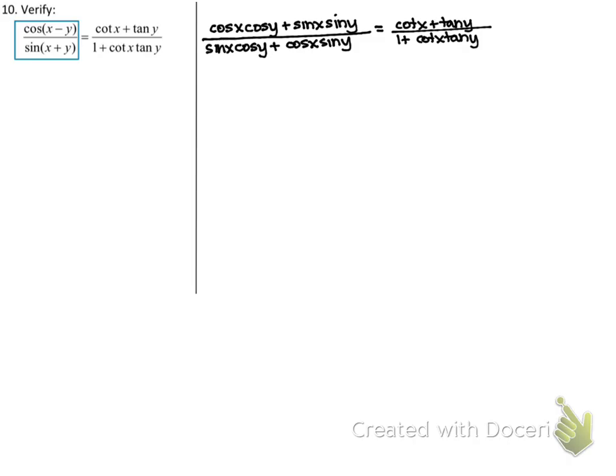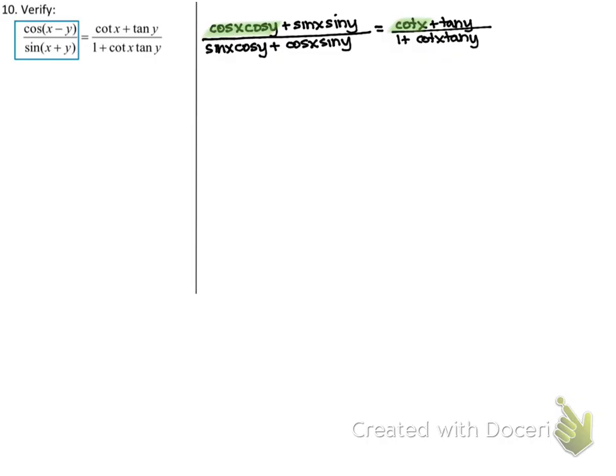Okay, so if I look at pieces of this, I'm just going to try to take a look at some of the chunks. I want this cosine x cosine y, so the very first thing I have, to turn into a cotangent x. Okay, so to get the cotangent x, I want cosine x over sine x. Okay, that's helpful. Then I am looking for, so let's see if we can just do that part.